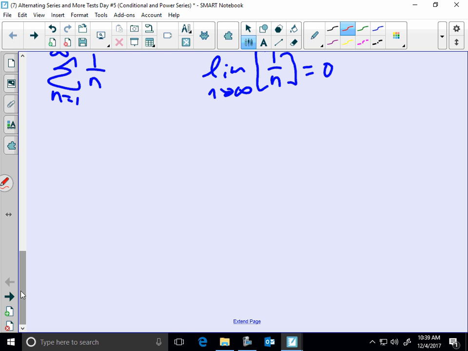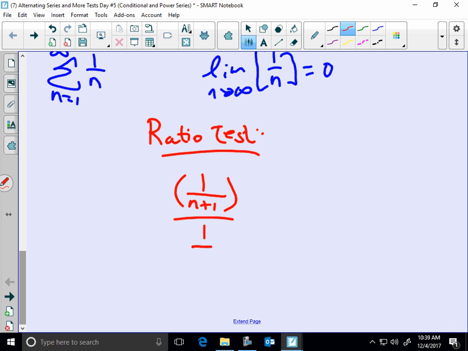I don't know, let's test it. Let's do the ratio test. It would be 1 over n plus 1 over 1 over n, which will be n over n plus 1, which will be 1. So the ratio test will say inconclusive.